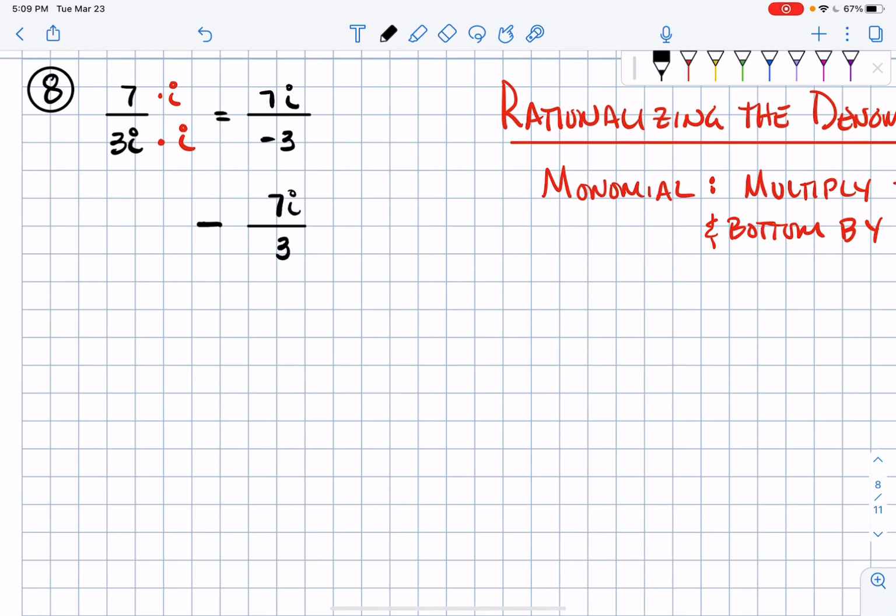So my answer is actually going to be negative 7i over 3. Now the question is, does it want it in a plus bi form? Which it does. So that means, since there's no real part, because this is attached with the i, the real part would be 0 minus 7 thirds i.